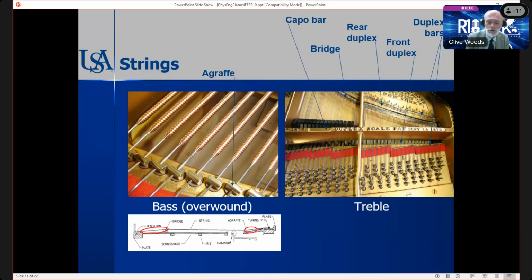Think about the bridge on a piano. It goes up and down as a result of the vibrations of the speaking length. If any of those vibrations are absorbed by felt, then that means that the vibration is having energy taken away from it, so therefore the vibration dies down faster.